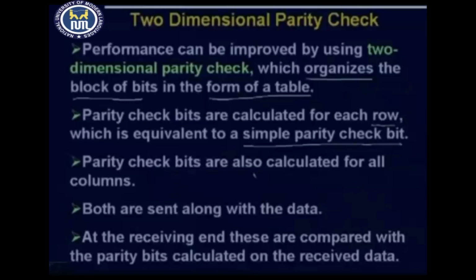Each row has a parity bit. Parity bits are also calculated for all the columns as well. So we have a parity check for each of the rows and a parity check for each of the columns. Then both are sent along with the data, and at the receiving end, they are compared with the parity bits calculated on the received data.